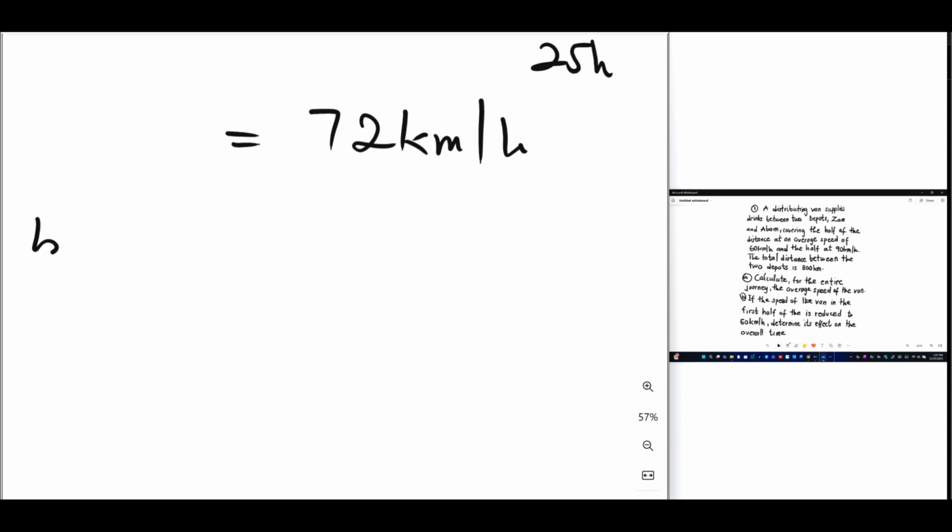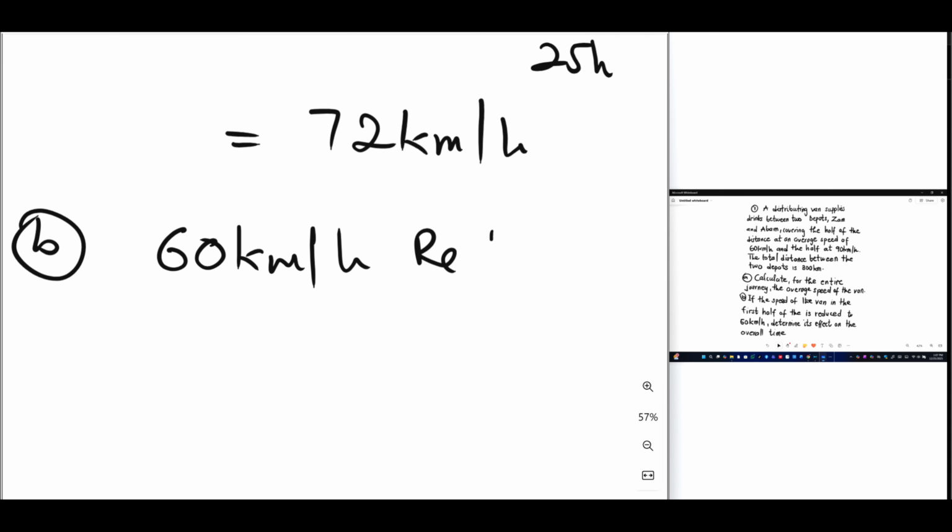So the question: if the speed of the van in the first half of the journey is reduced to 50 kilometers per hour, determine its effect on the overall time. The speed was 60 kilometers per hour and it has been reduced to 50 kilometers per hour.